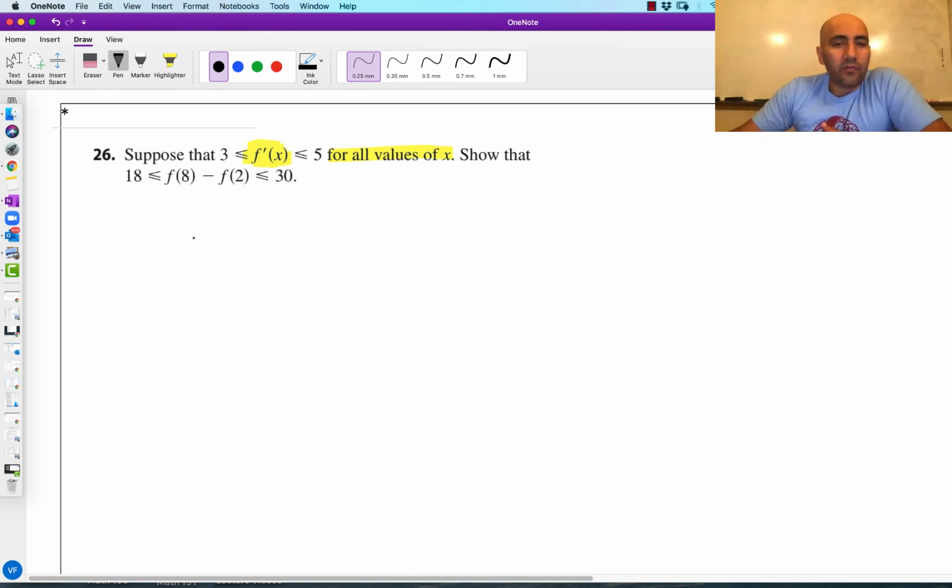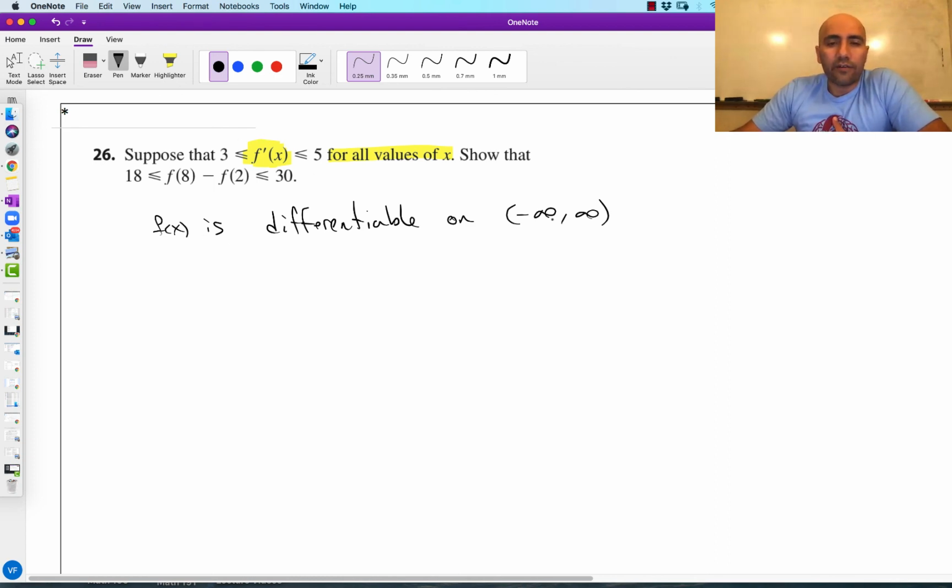So from that statement, we can conclude that f of x is differentiable for all values of x, on the interval between negative infinity and positive infinity, right? That's a good assumption there because the derivative exists everywhere for all values of x. And in addition to that, that derivative happens to be trapped between these two values.